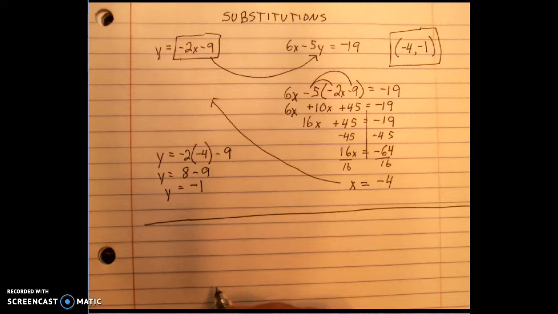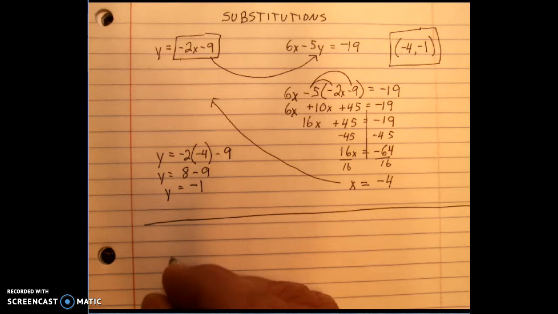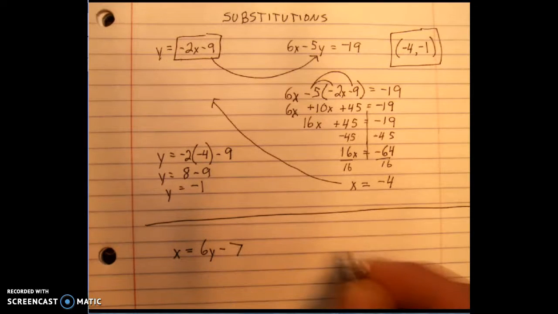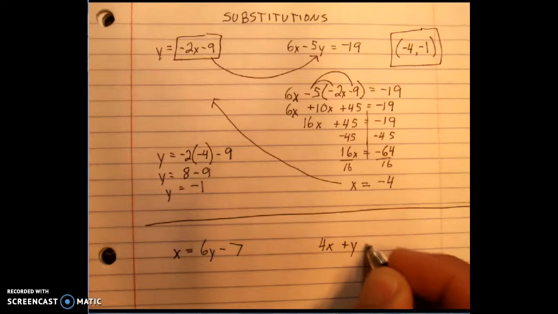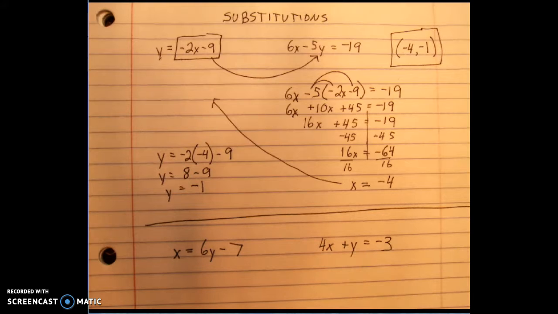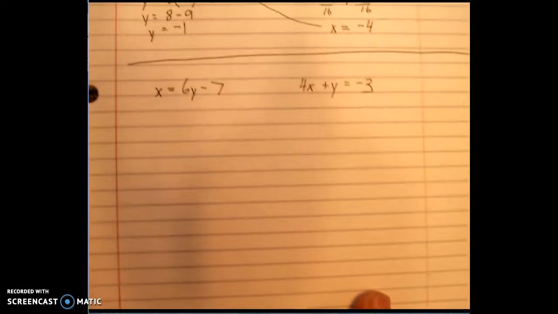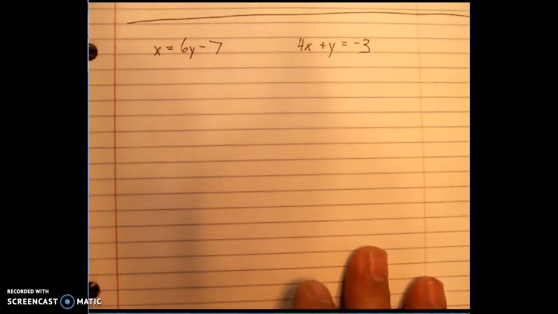Now, I want you to practice one. So, I'm going to have you practice one where the x is by itself. x equals 6y minus 7 and 4x plus y equals negative 3. So I want you now, pause the video. Actually, I'm going to put it down here.